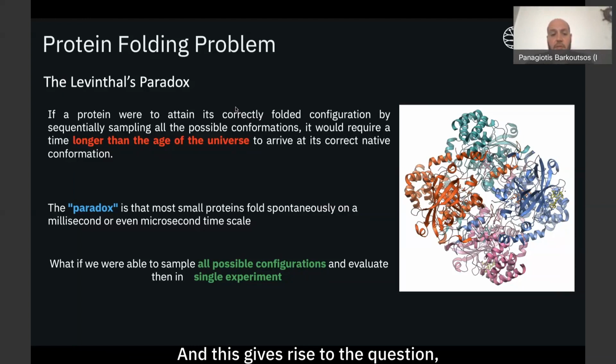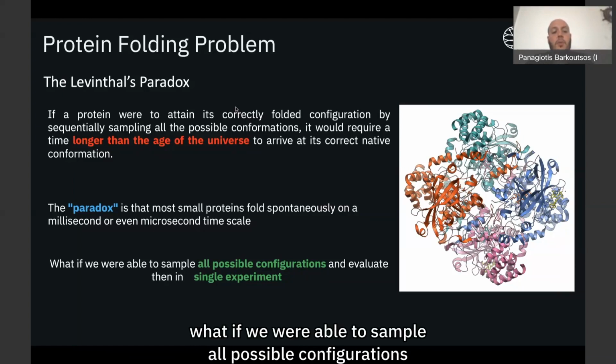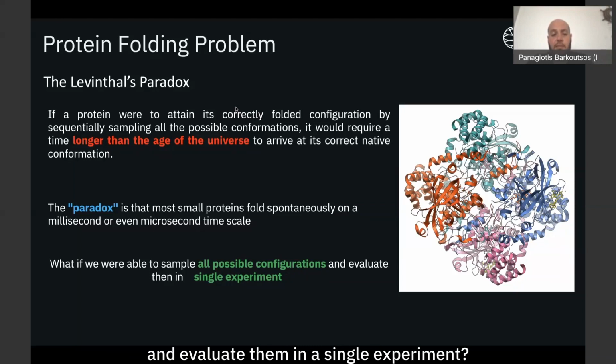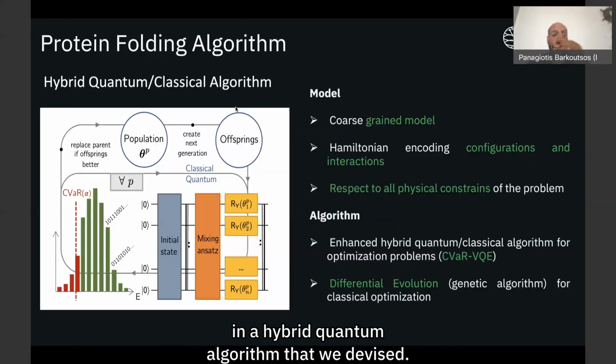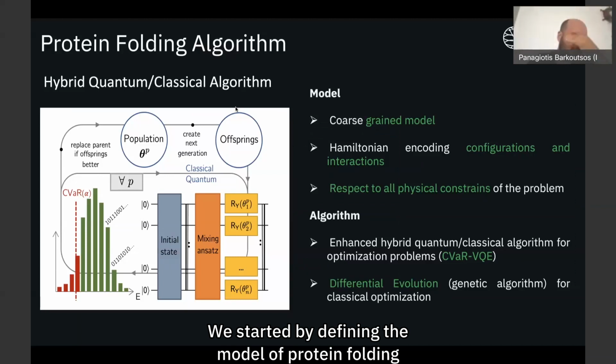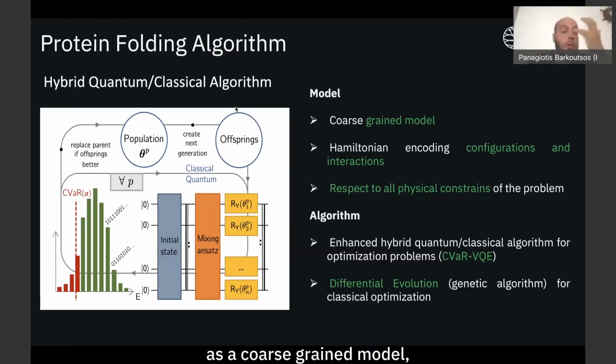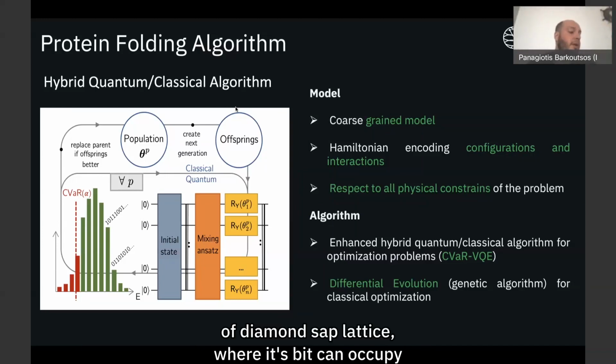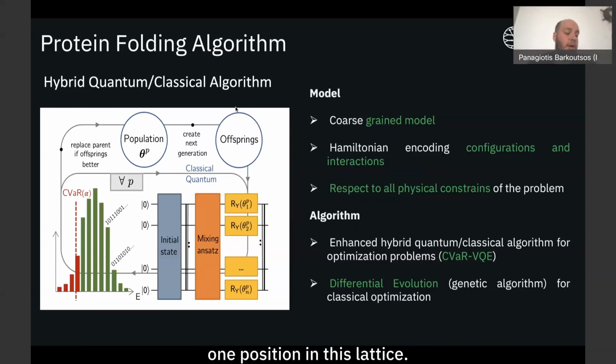This gives rise to the question: what if we were able to sample all possible configurations and evaluate them in a single experiment? This is exactly what we wanted to do in a hybrid quantum algorithm that we devised. We started by defining the model of protein folding as a coarse-grained model where we're using a tetrahedral, diamond-shaped lattice, where each bead can occupy one position in this lattice.